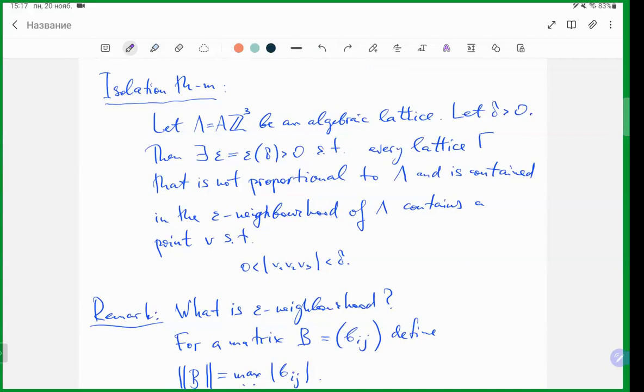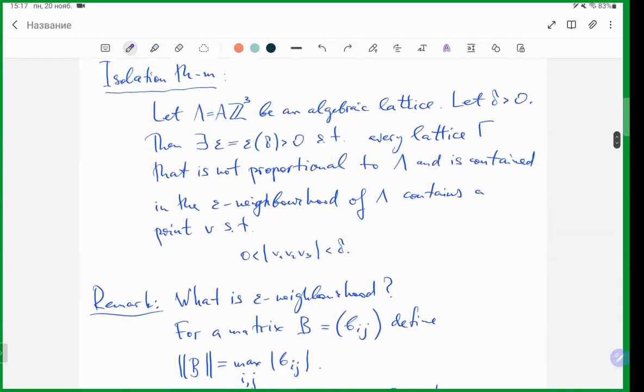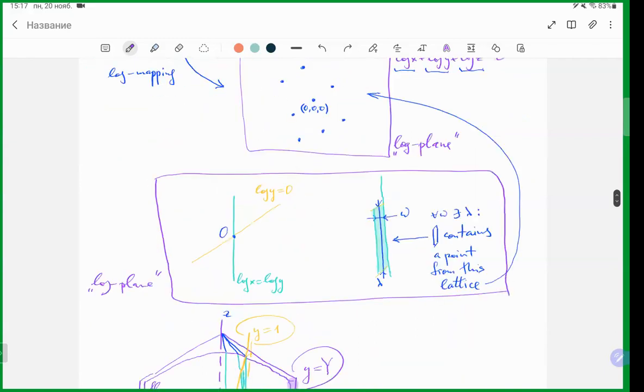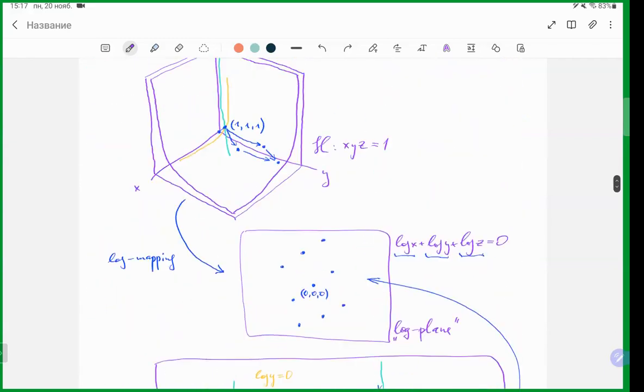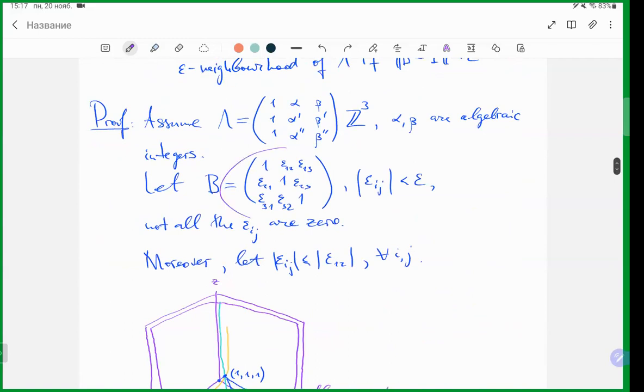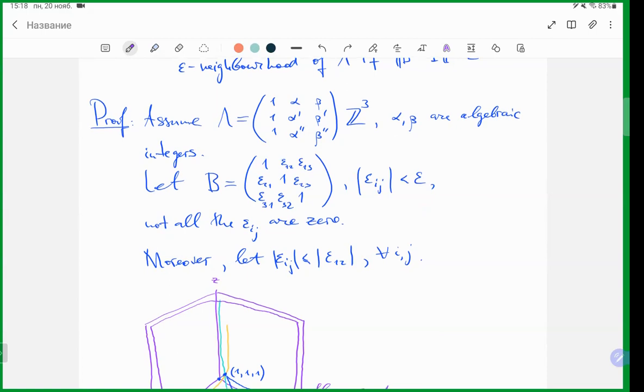So now the question is, what happens if we allow our matrix B to have arbitrary elements, arbitrary epsilons, with the only restriction that they are all bounded by some fixed small epsilon, which may depend on delta, and with the agreement that this one is the greatest among all the epsilons, and it is non-zero.